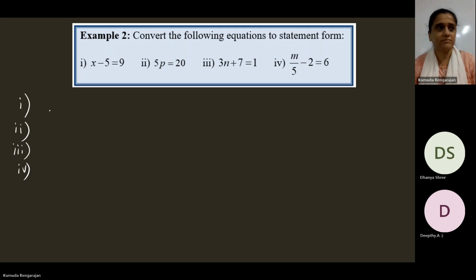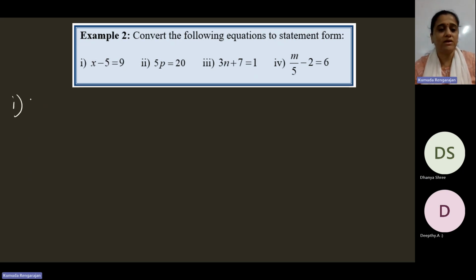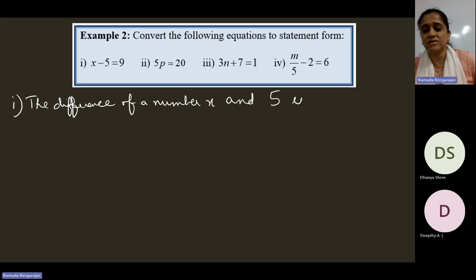Ma'am, the difference between x and 5 gives 9. Okay, difference itself means minus. Very good. The difference of a number x and 5 is 9.